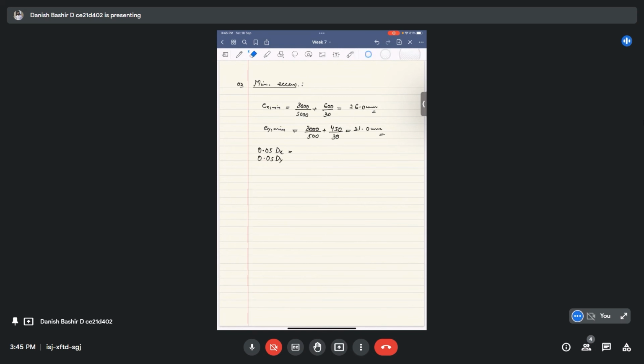When we check both these values, this comes out to be 30 and 22.5, which is also greater than e minimum.